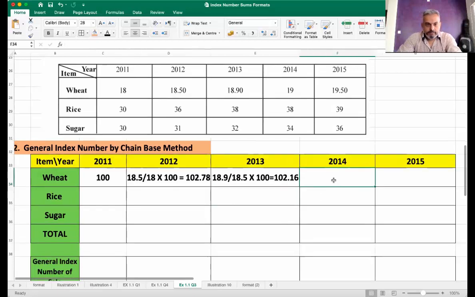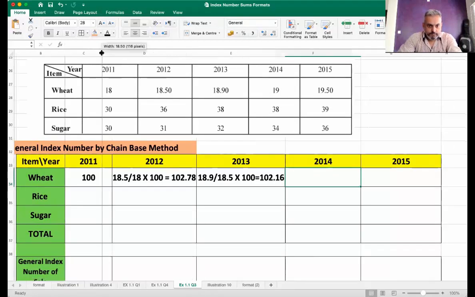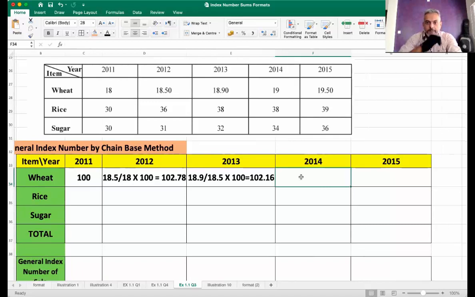Then 19 divided by 18.9 into 100, which is equal to 100.529, so 100.53.